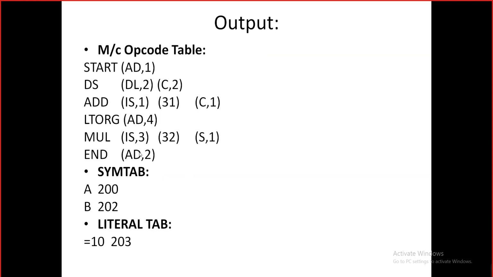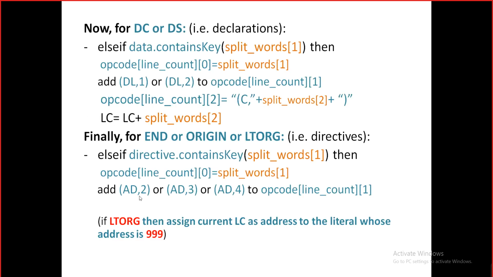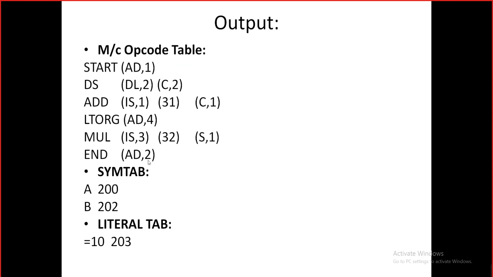Like over here you can see we have added end, or we have added LTORG, and we'll add AD comma 2, AD comma 3 or AD comma 4, depending upon what it is. You can use if else if statements, check whatever it is and add it statically in the 0th column like we have done over here, AD comma 4 or AD comma 2. Understood?